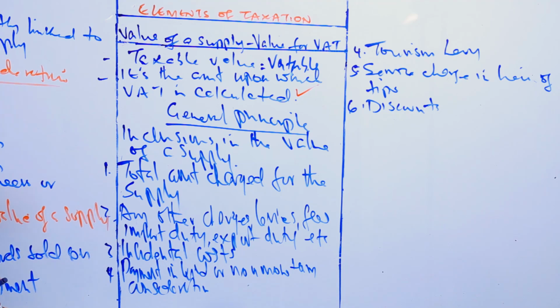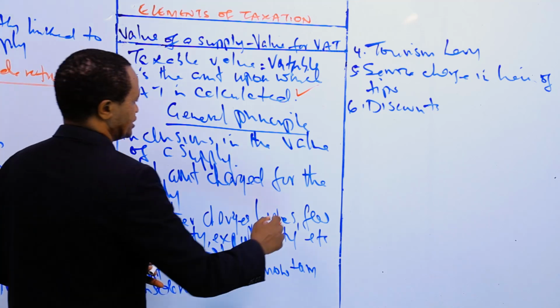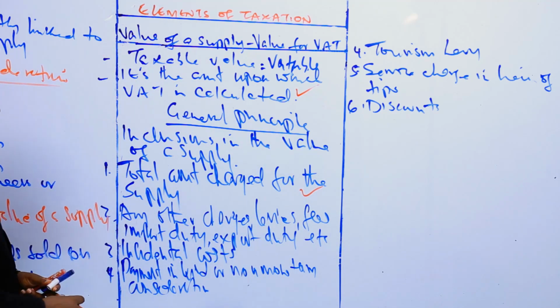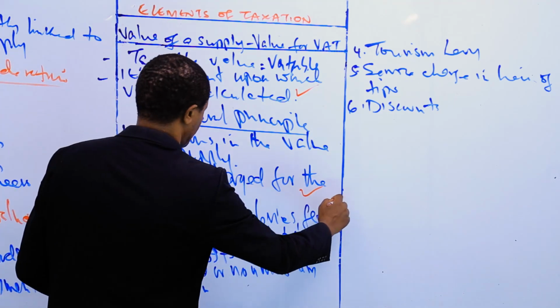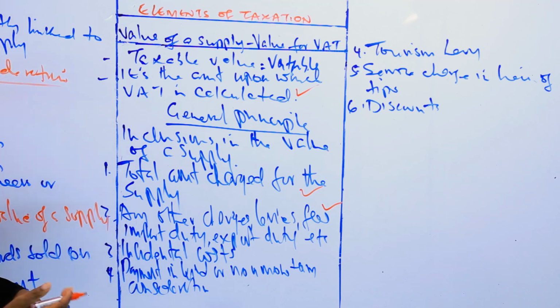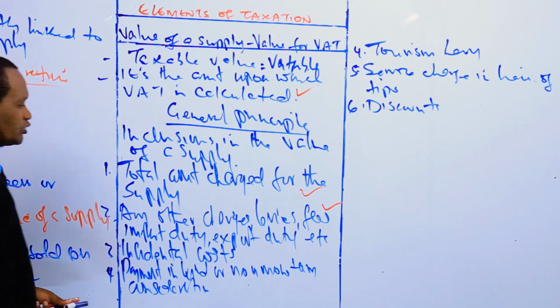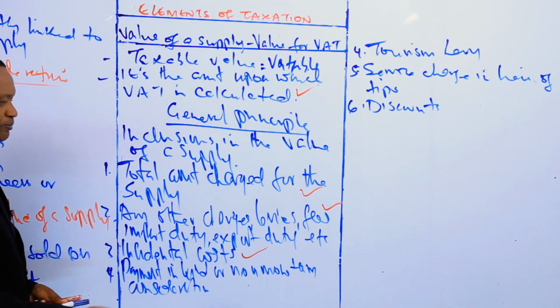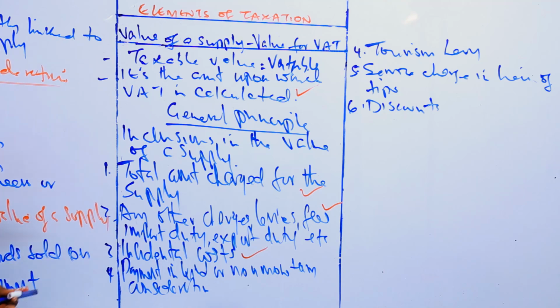The first principle is that the total amount charged for the supply is the starting point. Then we add any other charges or levies like import duties, like export duties and other levies. There could also be incidental costs associated with the supply, like insurance, transportation, and so on.